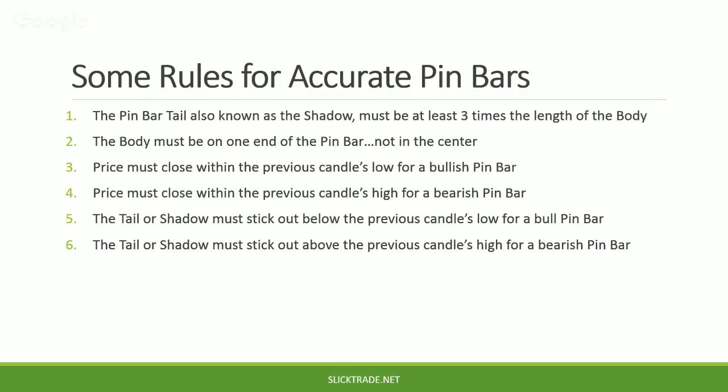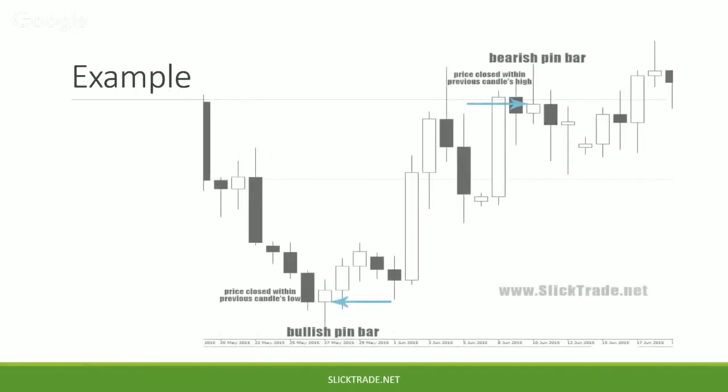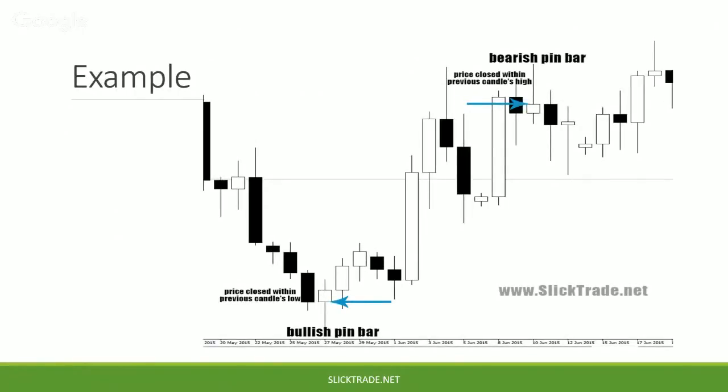And 6, the tail or shadow must stick out above the previous candle's high for a bearish pin bar. Or very close to. But we're going to look at that later on. And with each lesson, I'll go into more detail, and you can add on to what you learn, to really get a good feel.